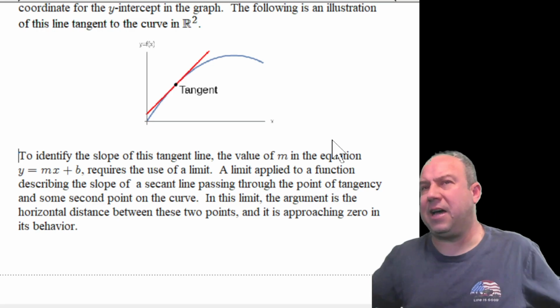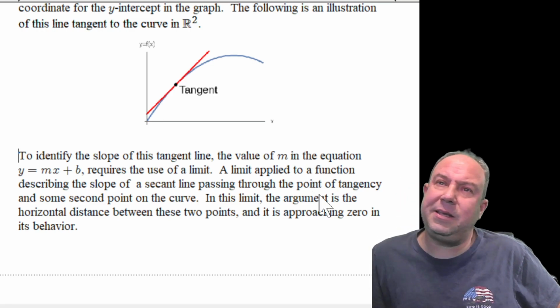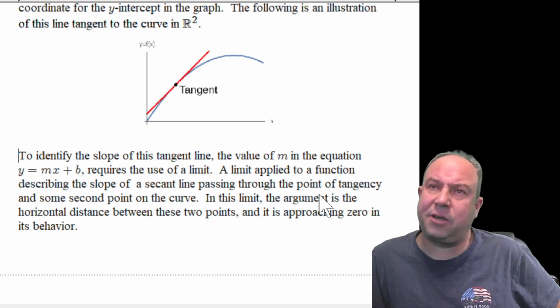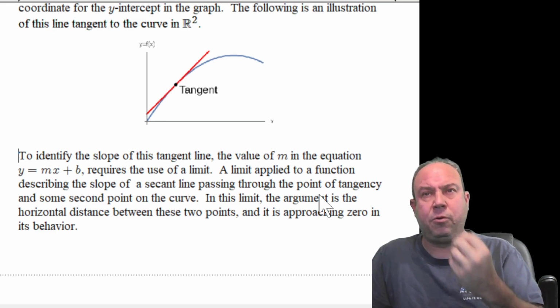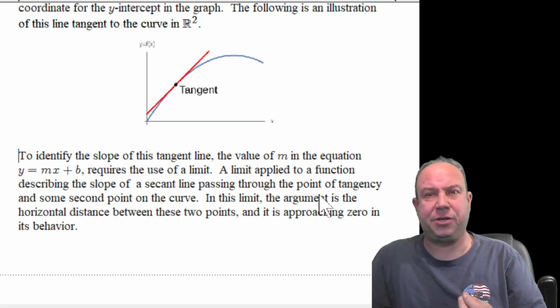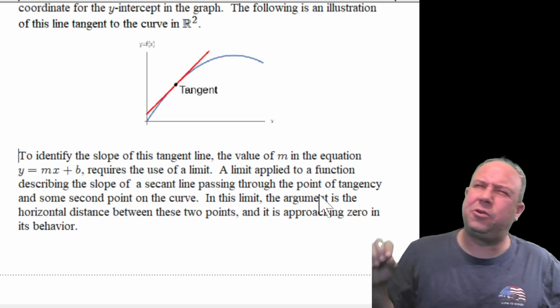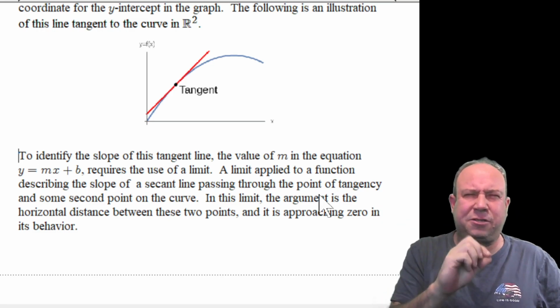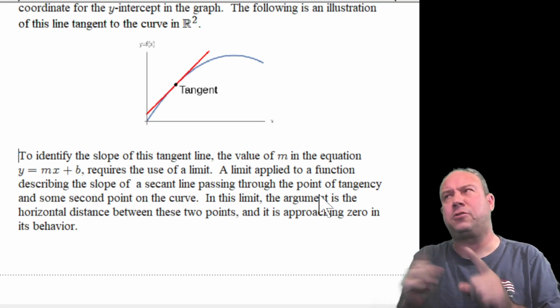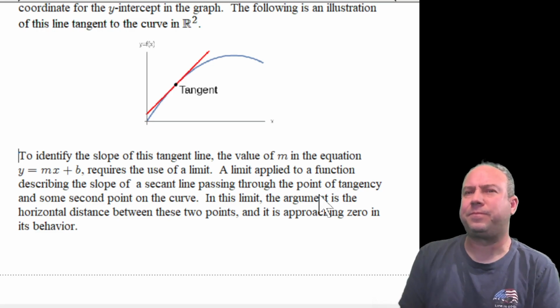What's a secant line? Well, a secant line is a line that intersects the curve at two locations, passing through the curve at each. Right? And I guess it doesn't have to pass through. You could have a secant line that's tangent at one, but crosses through at the other. So it has to cross through at least the curve at one of those points of intersection.